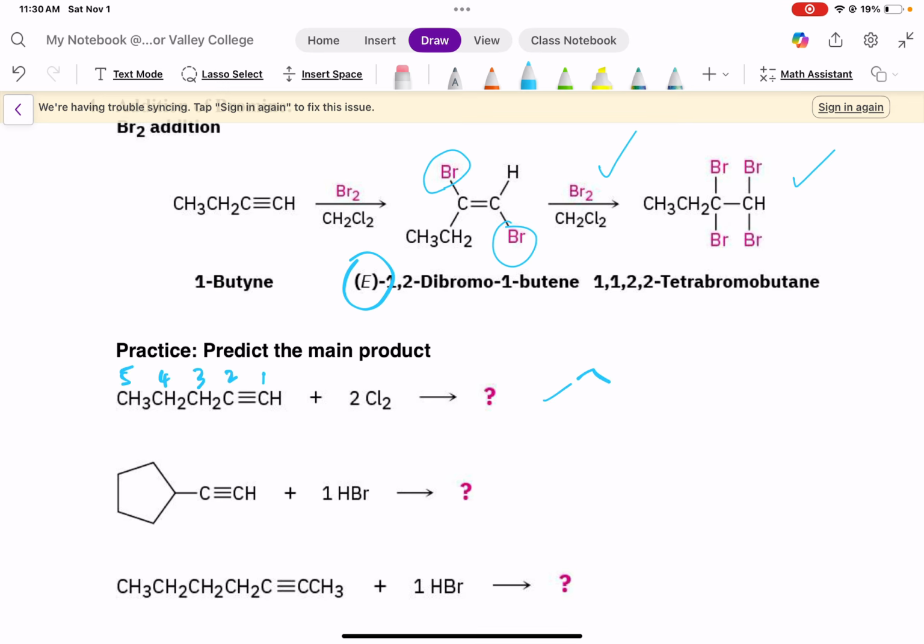So I'm going to go ahead and do line formula, so it's a lot easier, right? So you got 2 Cl will go in the same carbon, and then you got 2 Cl here, so you got a total of 4, right?